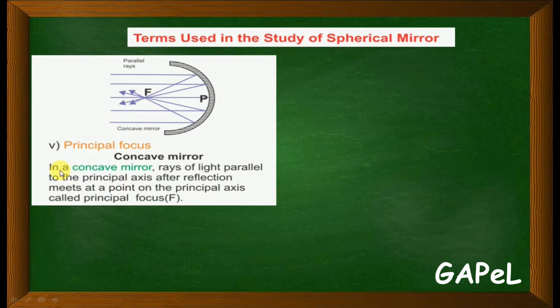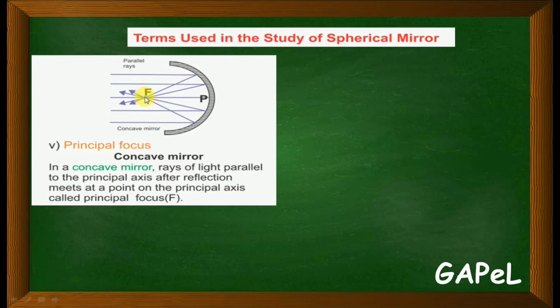Now see the definition. In a concave mirror, the rays of light parallel to the principal axis, and this line is your principal axis, and 1, 2, 3 and 4 are your parallel rays of light, after reflection meet at a point on the principal axis, and that point is called the principal focus.